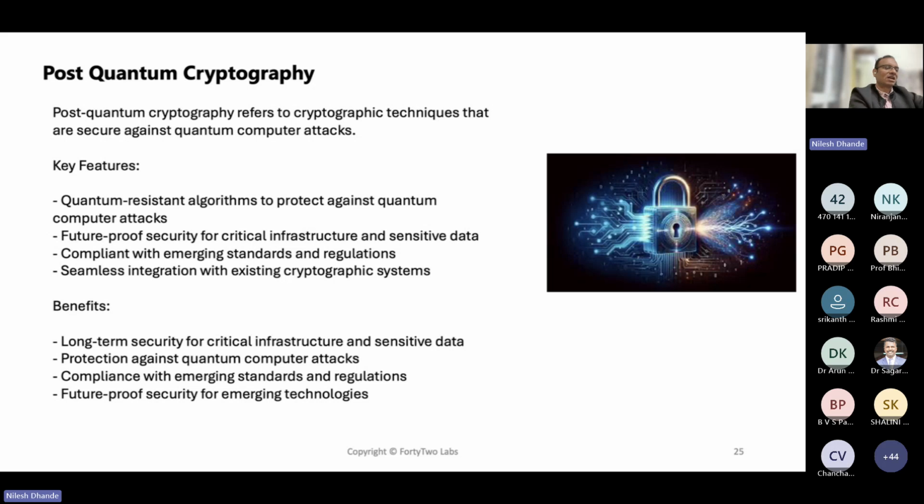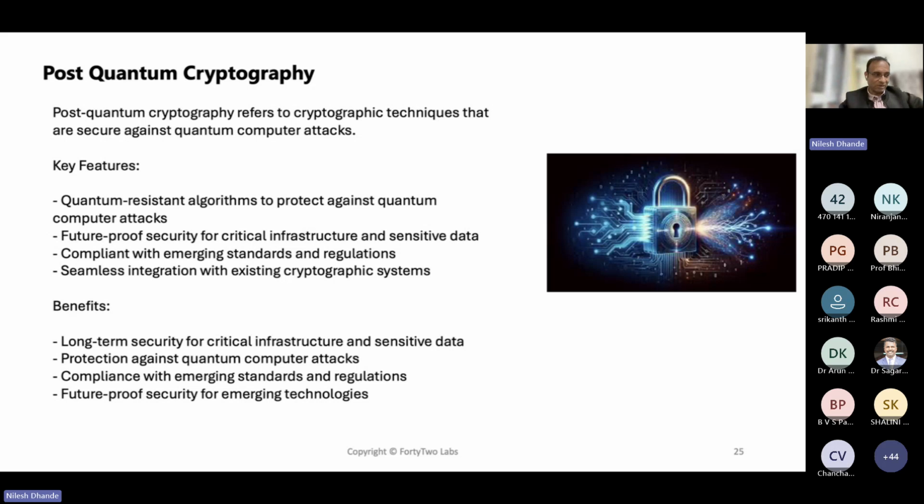There are 3 algorithms which have been selected by NIST, and we are doing our own bet in India to create our own cryptographic algorithms as well, which can be used by our national critical installations or our defense folks so that we don't have to rely on foreign standards.